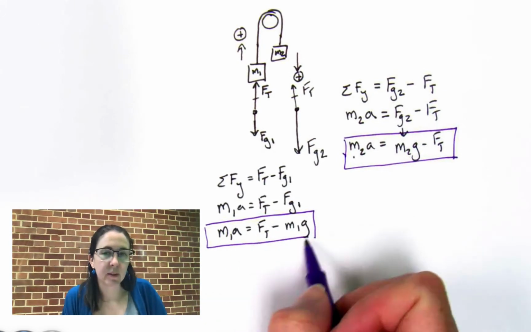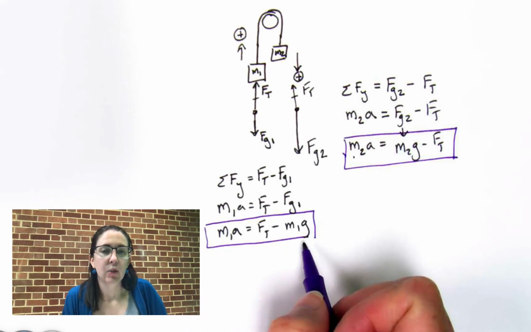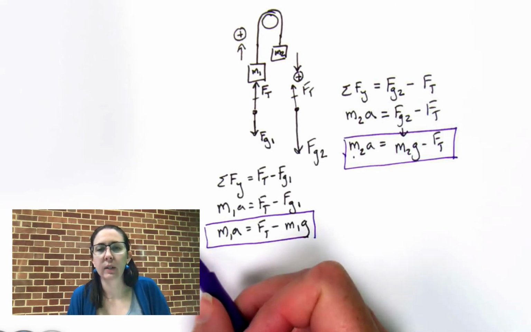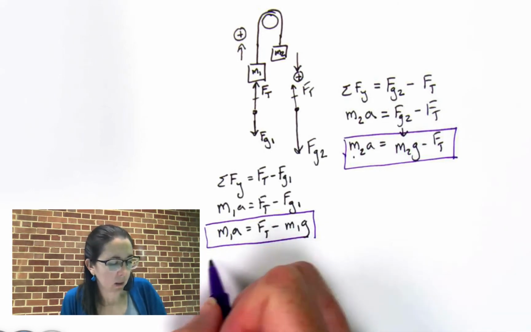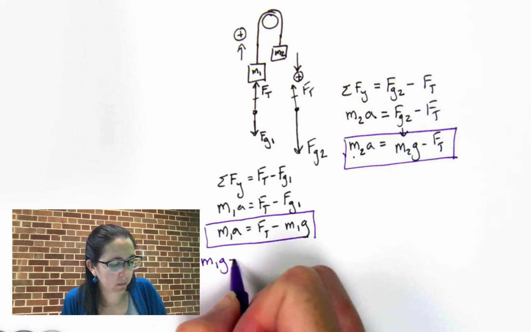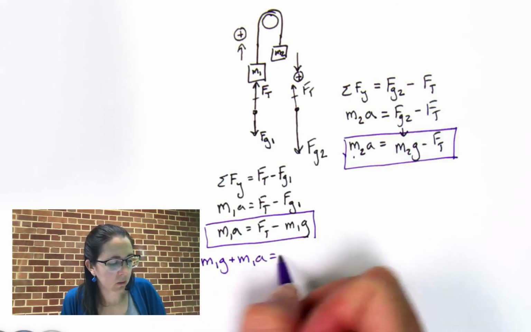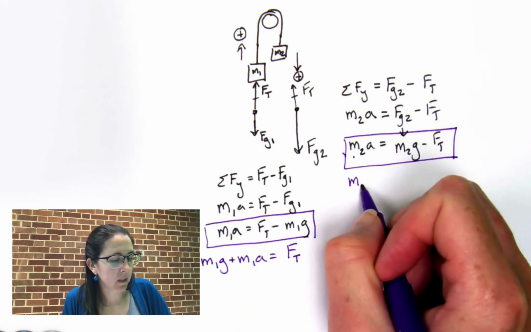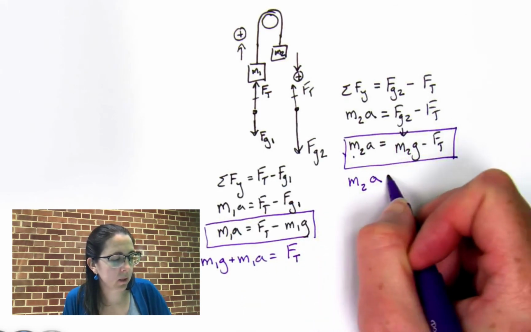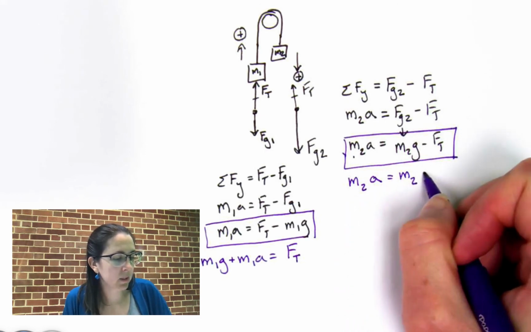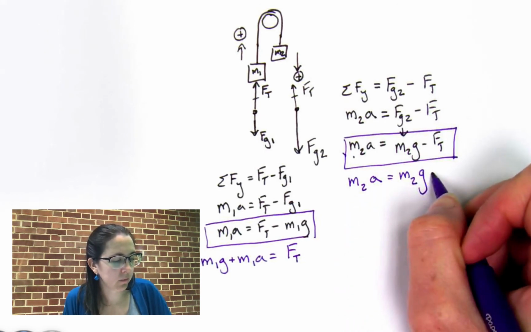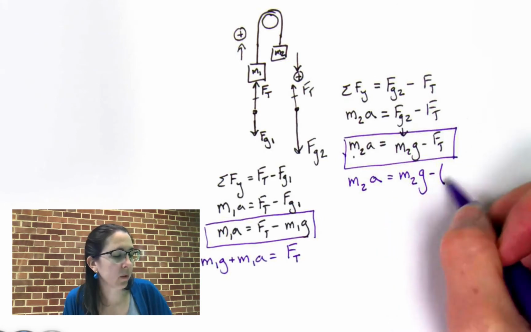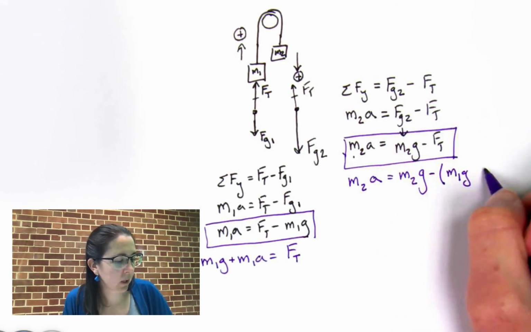I'm going to do it on this first mass, because if I pull this over to this side, it's going to be positive. So I get M1G plus M1A equals the force of tension. And I'm going to shove that in right here. M2 times the acceleration is M2 times the gravitational field strength minus, open parentheses, M1 times gravity plus M1 times acceleration.